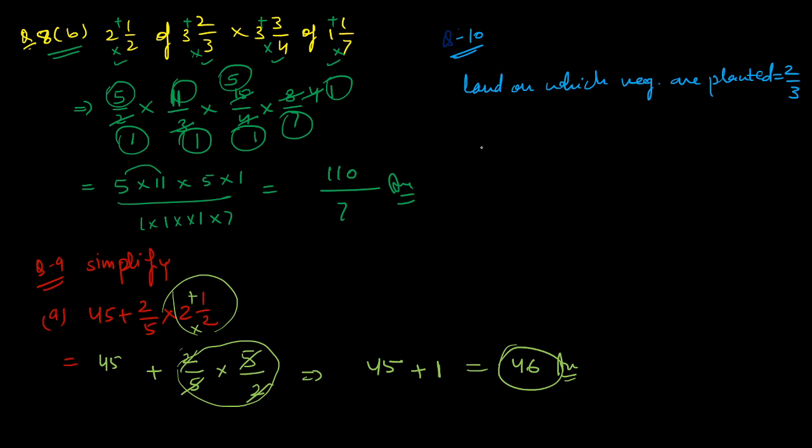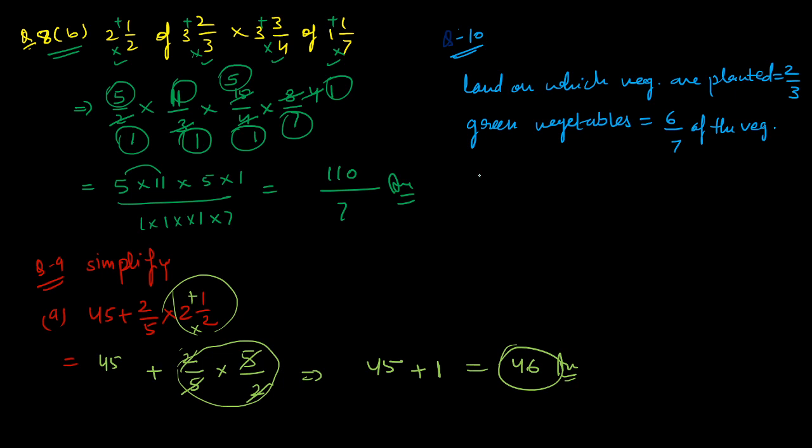What fraction of the land is planted with green vegetables? 6 by 7 students of the vegetables planted are green vegetables. So green vegetables is equal to 6 by 7 of the vegetable planted.